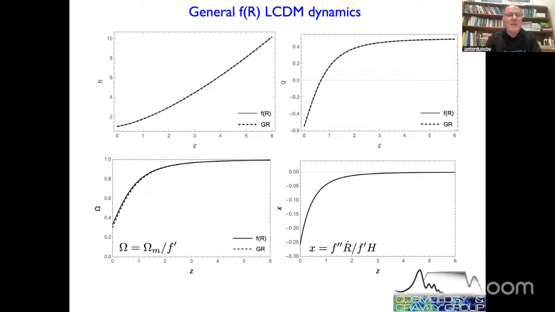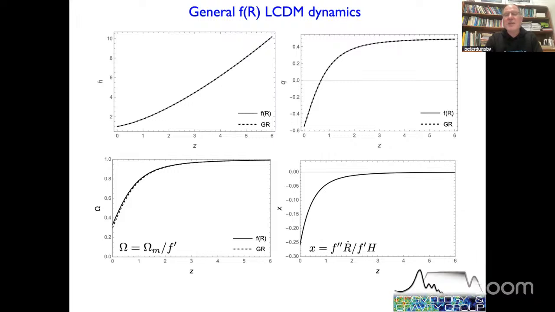So on the left-hand side, we've got omega, which is very close to GR at high redshift, at a redshift of 6, where we're setting down our initial conditions, and then evolves away from general relativity as we approach the present day at z equal to 0. And then the bottom right-hand panel is the evolution of X as a function of redshift.